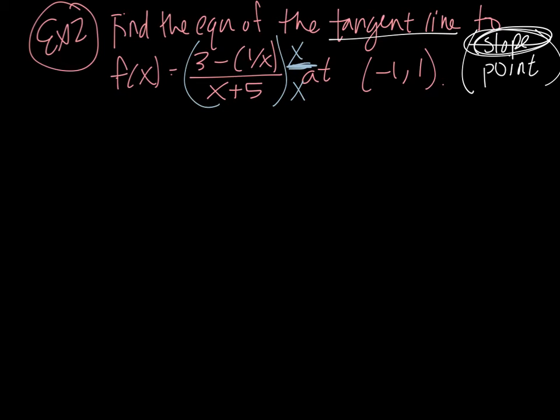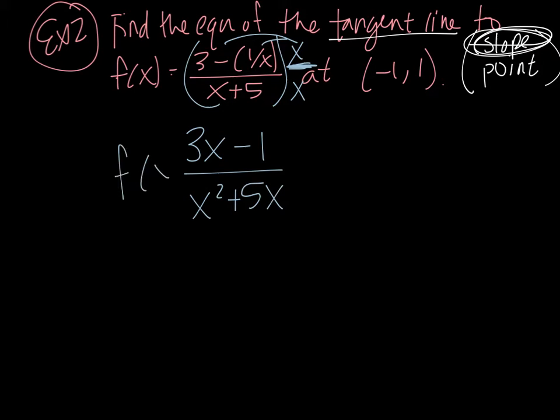So if I multiply both of these by x, I'm going to end up with 3x minus 1 in my numerator, and then x squared plus 5x in the denominator. What I've just accomplished is that I don't have a quotient inside of a quotient, and I still have an equivalent expression because I multiplied by 1. X over x is just 1. So now we need to do the quotient rule to take the derivative of this.